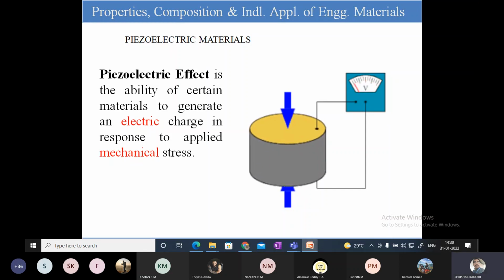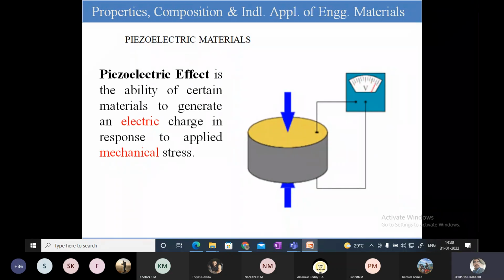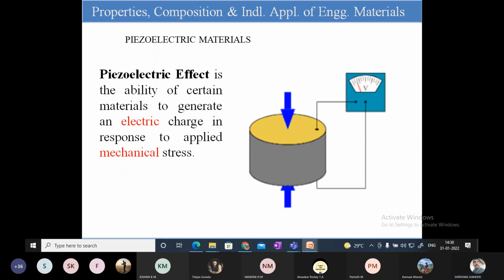I think you can understand this. In the small circular disc which I have shown, the two arrow marks indicate a compressive load applied onto it. When a load is applied, there will be deformation of the material. Due to this deformation or change in the size of the material, strain will be induced. Due to the strain, there will be a change in the resistivity of the material, which will be proportional to the output voltage.